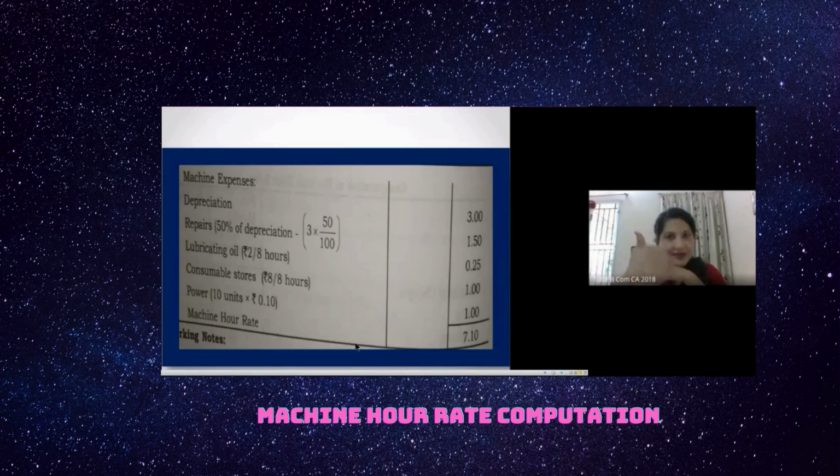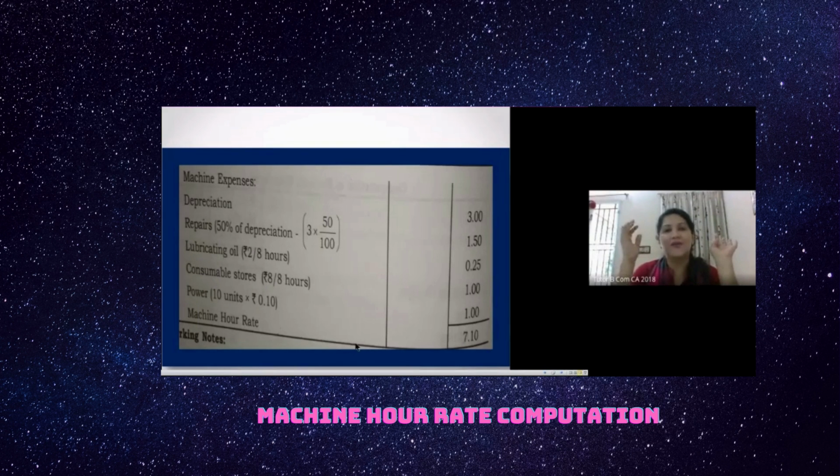It's not compulsory that every time we have to go with computation of machine hour rate, but we are learning this method of machine hour rate, hourly charging of expenses, charging of cost to the particular unit of production. So that includes two stages. One is computation of the standing charges, which will be incurred by this particular machine whether it is operated or not, which is our general charges.